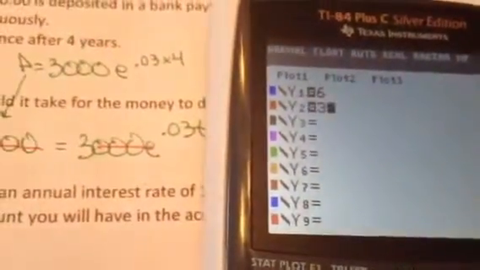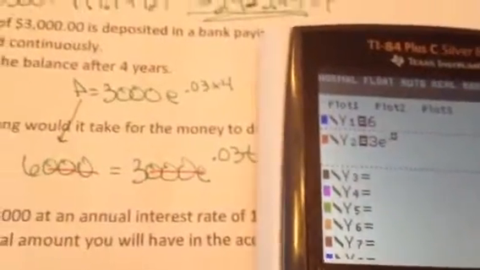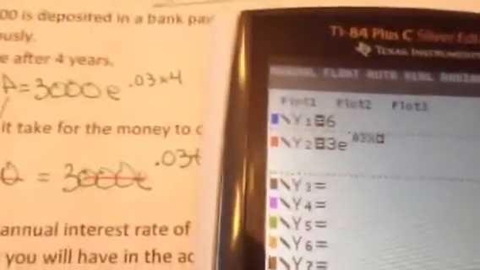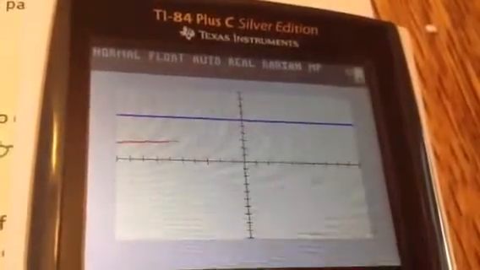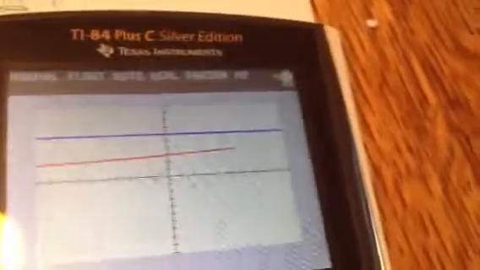And then I'm going to have 3. And zoom 6. And I'm not going to quite see it, so again, I'm just going to zoom out. So zoom 3. Go over to that area.